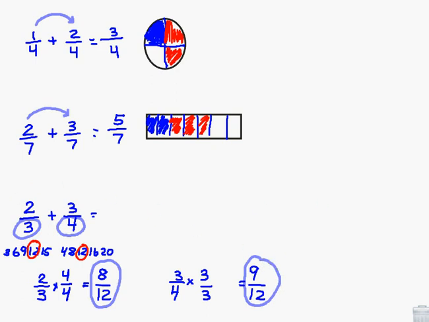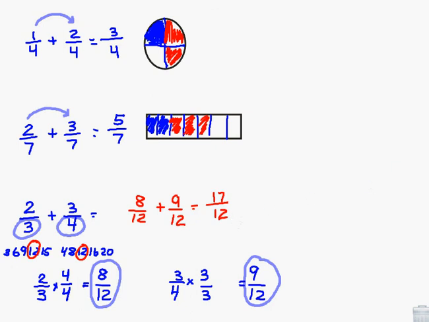Now, what I'm really adding in this problem is 8/12 plus 9/12. And 8/12 plus 9/12 is equal to 17/12. That's a really big number.